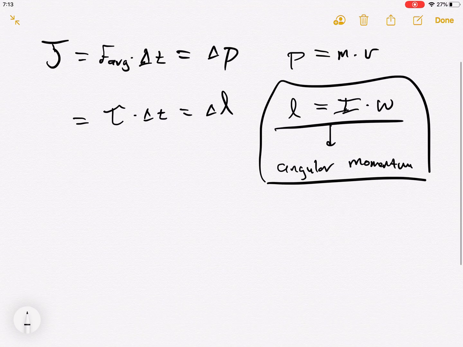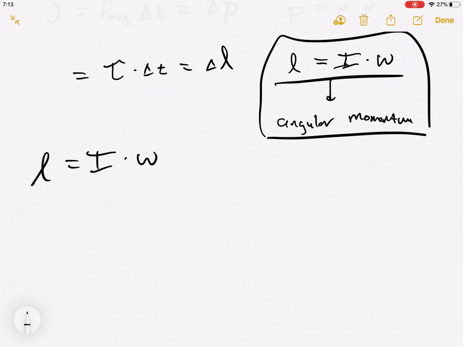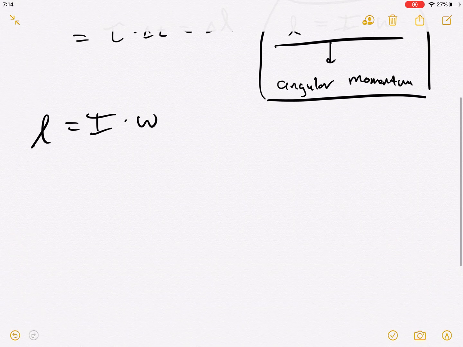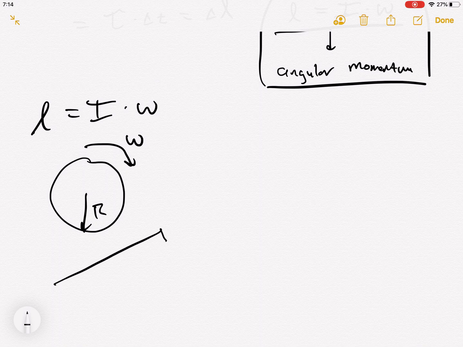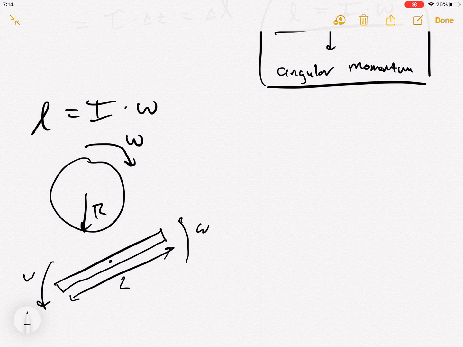So this is one definition: I times omega. The other definition is if we have a point mass. I times omega is useful if we have a disk with some radius rotating at some omega, or a solid rod with a length L rotating around its axis of rotation.